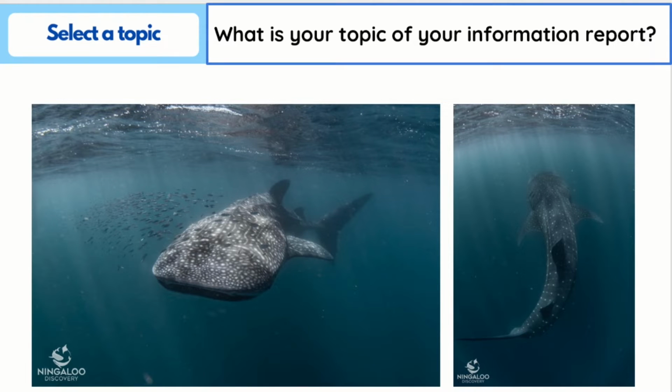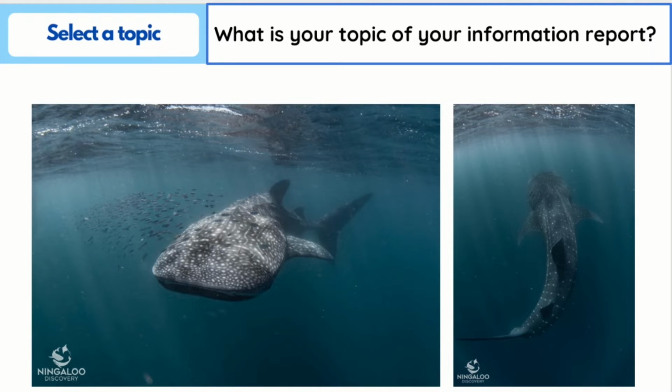Now, it looks like a shark. It looks a little bit like a whale, but it's not a whale. It is actually called a whale shark. You can find whale sharks at Ningaloo Reef in Western Australia. And this is going to be the animal that I'm going to write about in my information report.